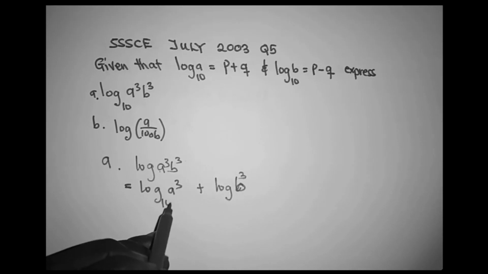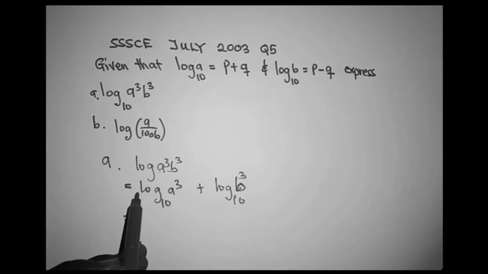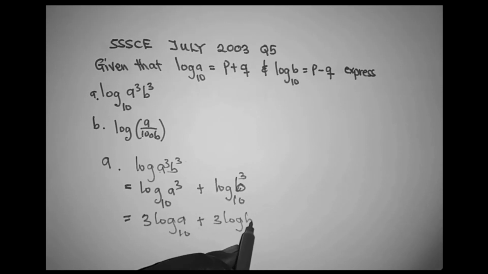But we are working in base 10, so here's base 10. And this one too is base 10. And this is equal to, we can bring the 3 down, becomes 3 log A base 10 plus 3 log B base 10.